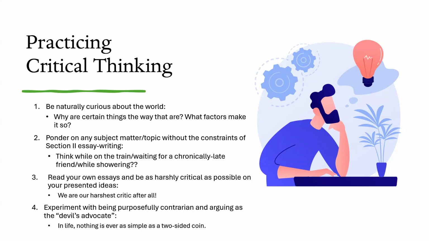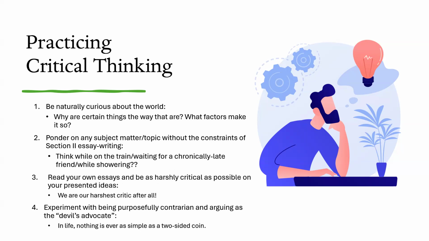Ponder on anything, because section 2 is really a creative thing in disguise. If we have such creative faculties and if we're really good at being creative, we can come up with so many different questions to answer and so many questions to pose to ourselves in section 2, thereby producing a lot of unique ideas to work with. So the point I want to make is really take the time to sit down, think about the world, ponder, consider why things are the way that they are.